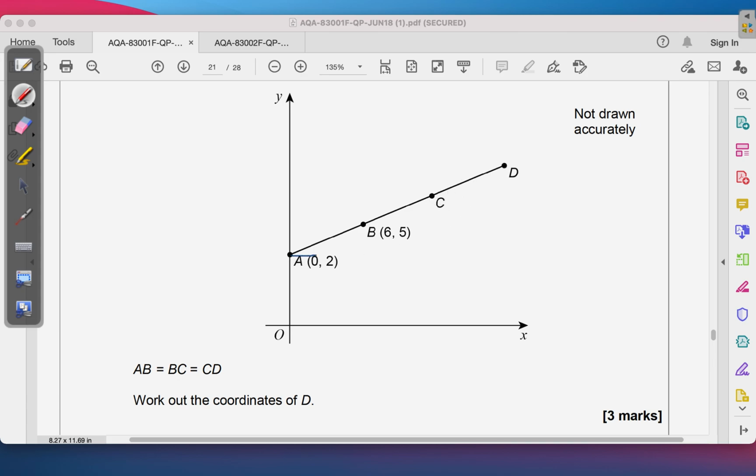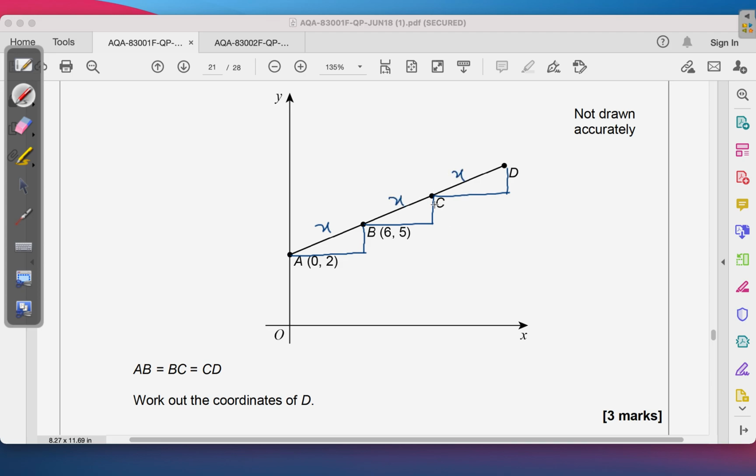Now what we can do is draw lines across like this. And let's say this distance is x, we know that they're all equal. A to B is equal to B to C is equal to C to D. These are all the same length.